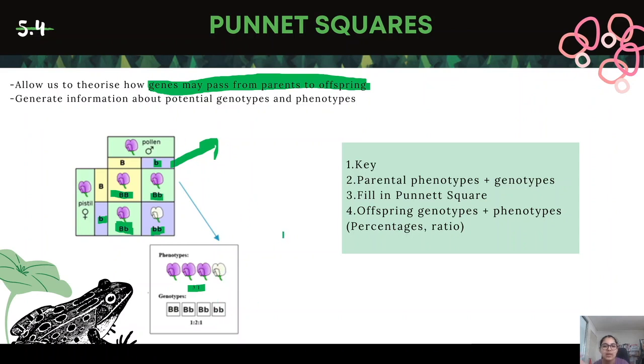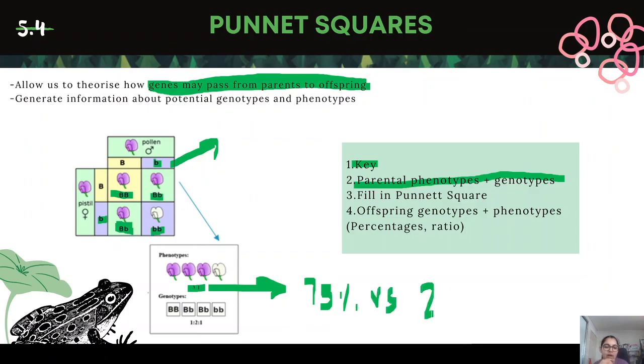Whenever you make these Punnett squares, you want to give a key, talk about parental phenotypes and genotypes, then fill in the Punnett square, and then give the percentages of the ratio. Here, it would be 75% purple versus 25% white flowers, if that makes sense.